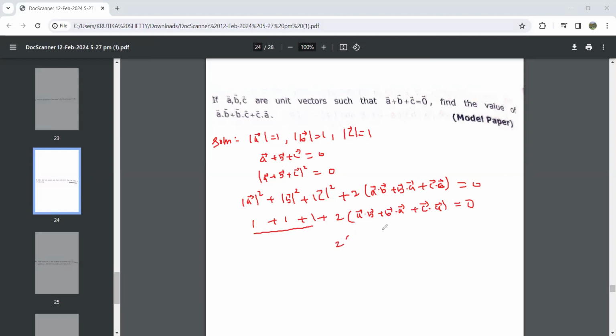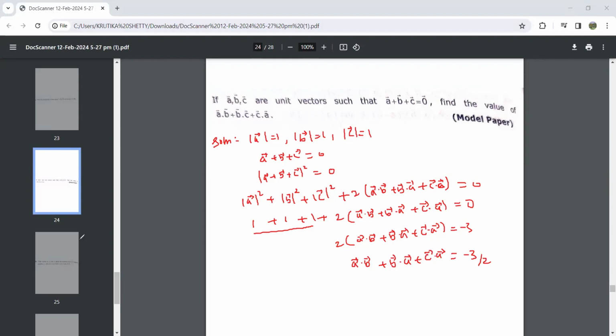So it will be 2 with the same bracket A dot B plus B dot C plus C dot A, which is equal to minus 3. On simplifying it further, we get A dot B plus B dot C plus C dot A is equal to minus 3 by 2. That is the value.